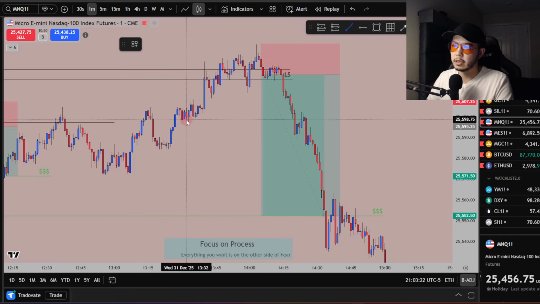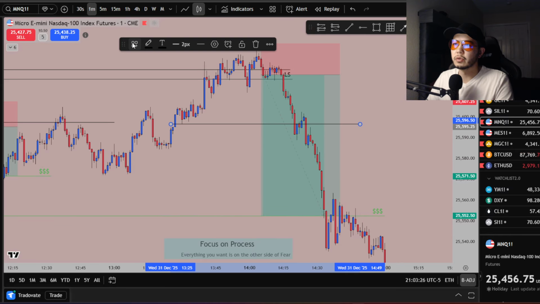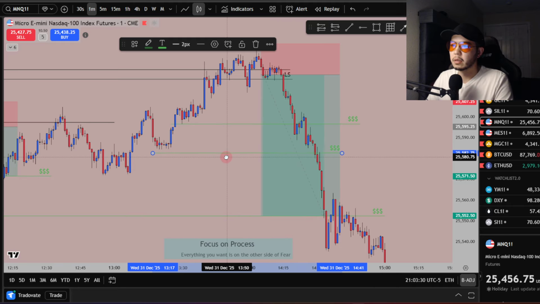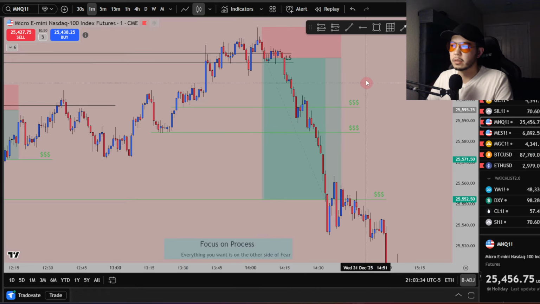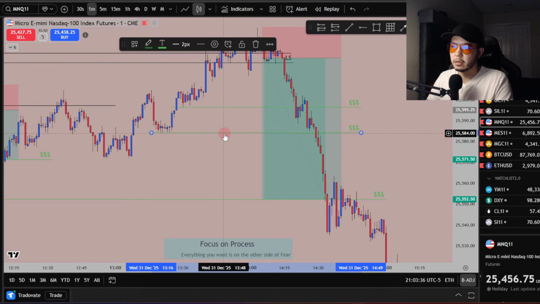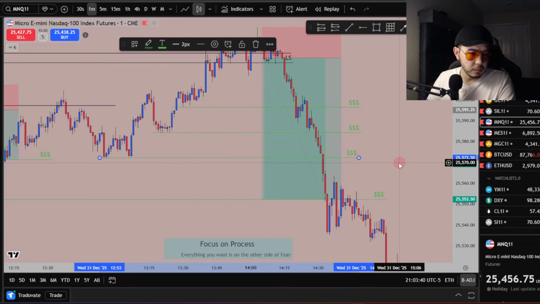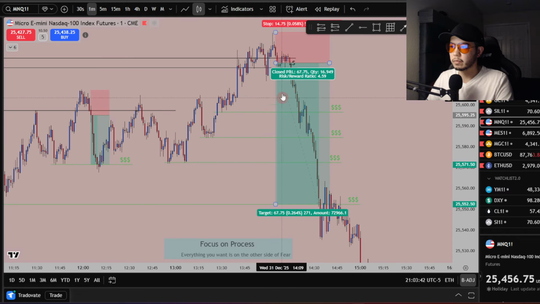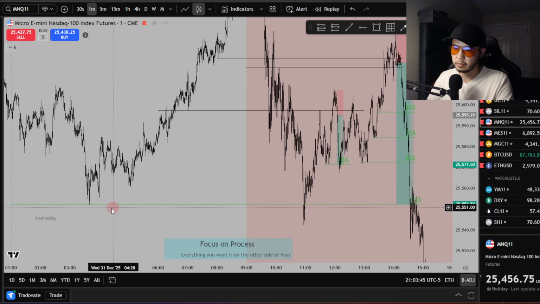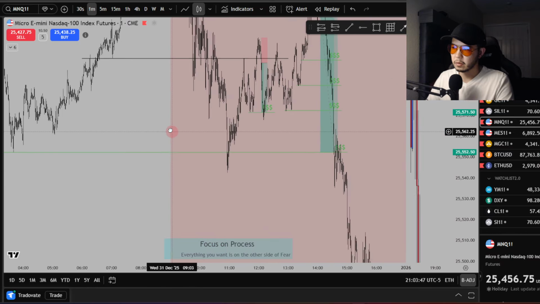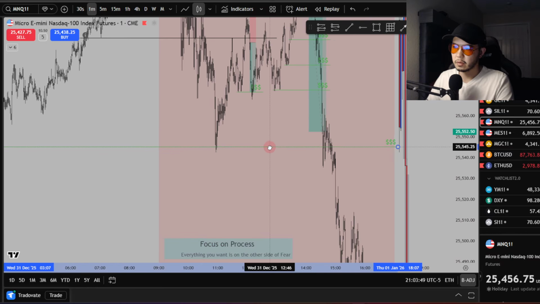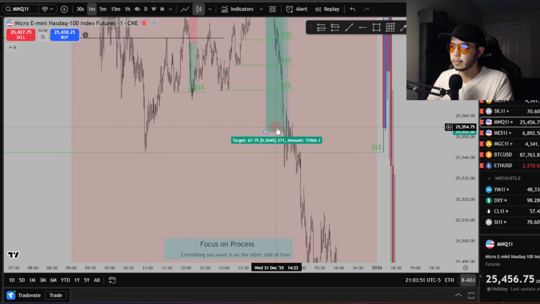And you could have targeted this swing. You could have targeted this swing, and also this swing. Yep. And of course that original point, or sorry, this one.